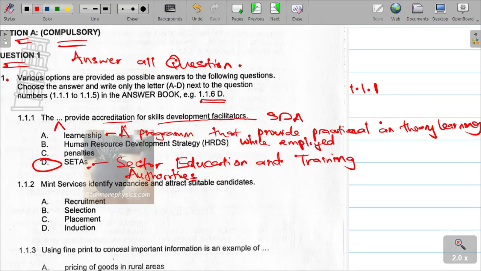You can go and do your practicals and your theories whilst you are working.